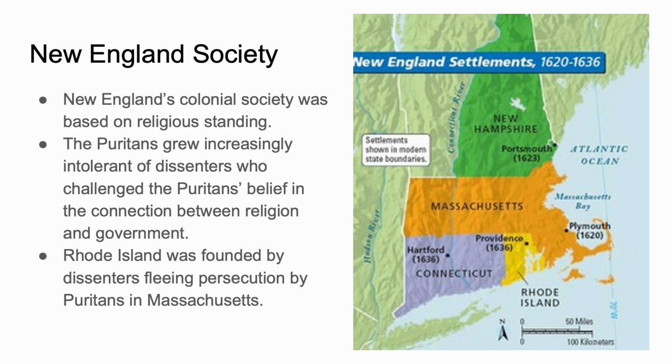In fact, it got so bad that Rhode Island was founded by the dissenters that were tired of being persecuted by the Puritans in Massachusetts, which is just mind-boggling, right? That the people who came to America to escape religious persecution ended up persecuting people so badly that they formed their own colony. That's pretty bad.